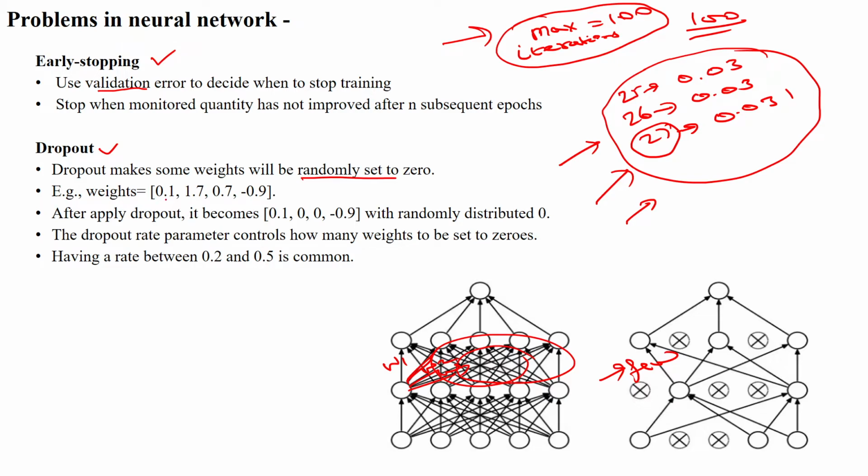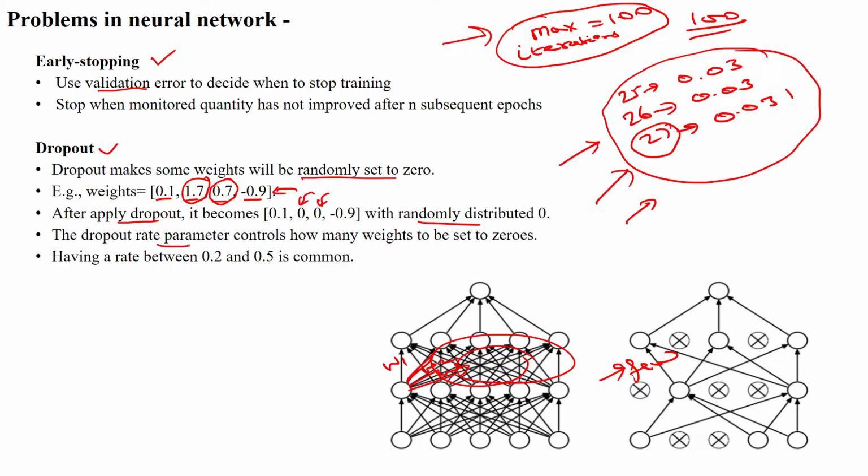For example, I am having four connections: 0.1, 1.7, 0.7, minus 0.9 are the parameter values. Here when I am applying the dropout, I can randomly make some of the values 0. You look at that, these two values are made 0. So those connections are now dead, which is randomly distributed.